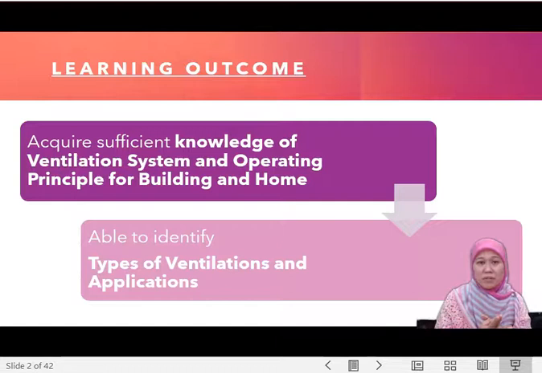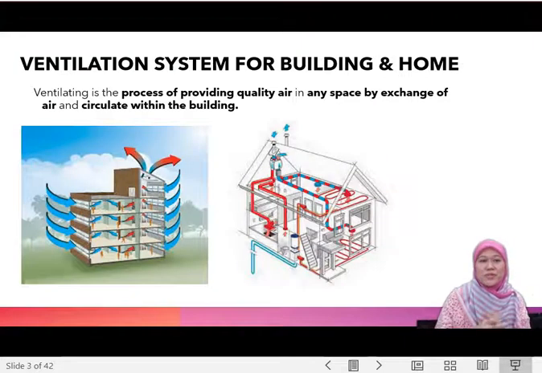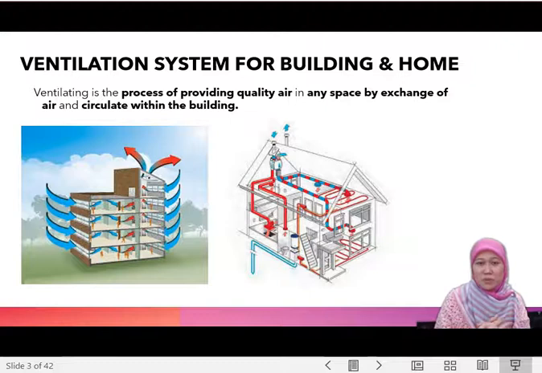For this learning outcome, we need to know the types of ventilation for building and home, and also the application, and we will discuss the operating system. Okay, so what is ventilation for building and home?